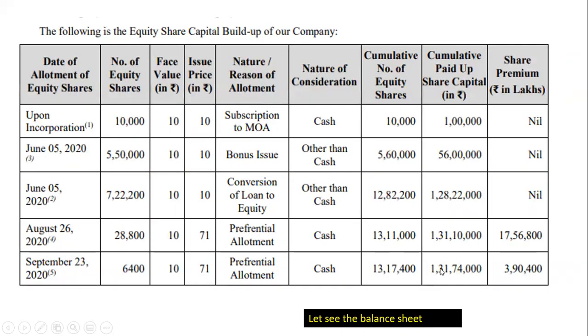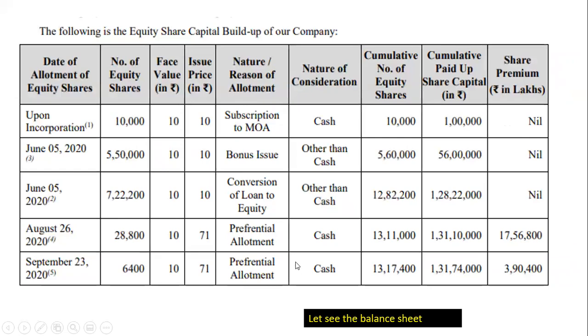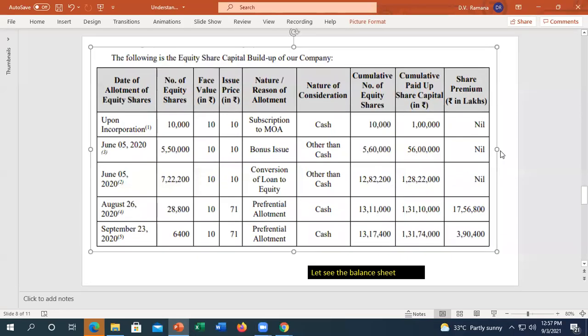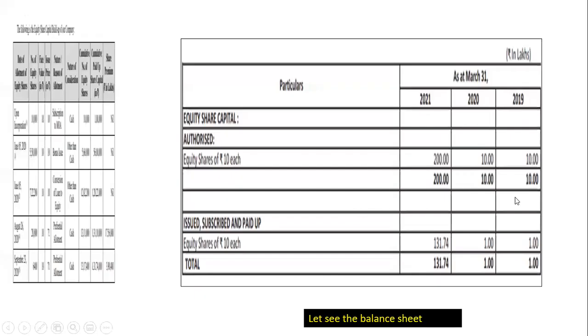Now let us see this 131 lakh capital. How does that appear on the balance sheet? Okay, so let us see the balance sheet of the company and understand that. If you observe the balance sheet which has been submitted along with the forms, a part of the prospectus, you can see that the authorized share capital increased; the company increased the authorized capital.